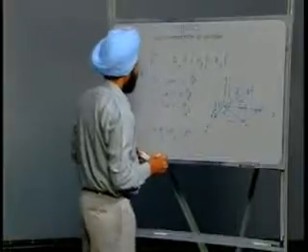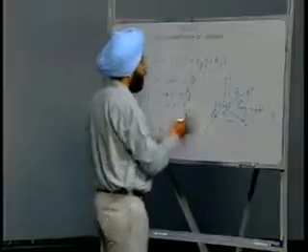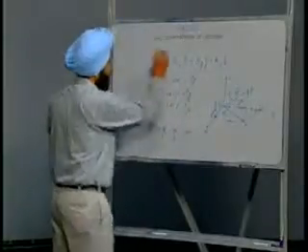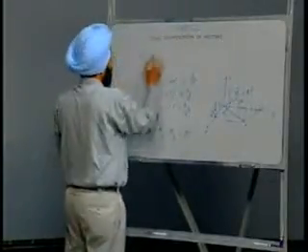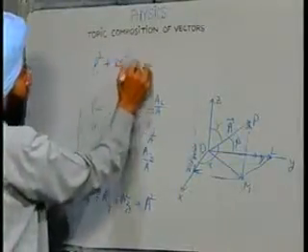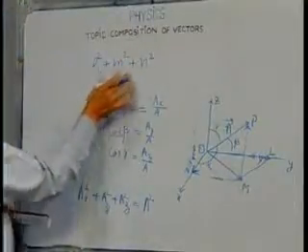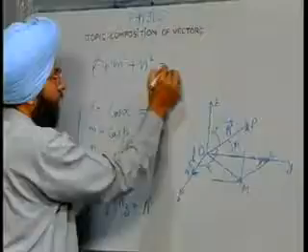Now, if we substitute these values, and take L square plus M square plus N square, we are to find the value of sum of squares of the direction cosines.